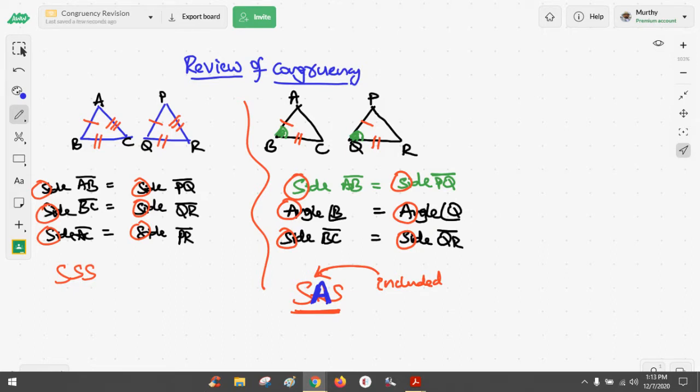If the angle is not in between the given two sides, just look at this one, say that here AB and BC, you see that the angle is in between the given two sides. I request all of you to watch this one on full screen mode. Okay, now let's go to the next page.